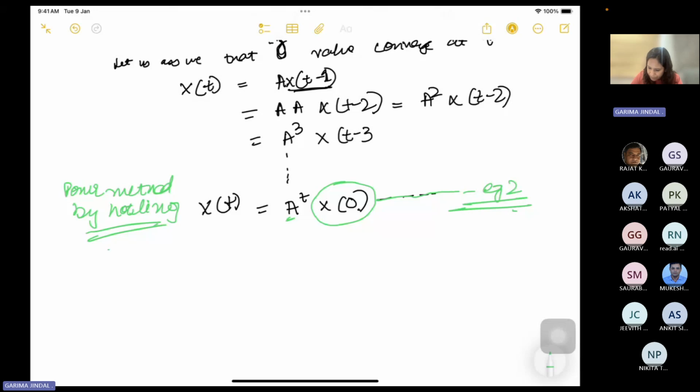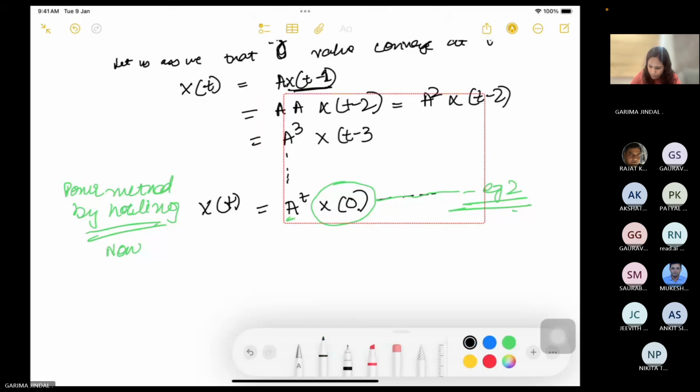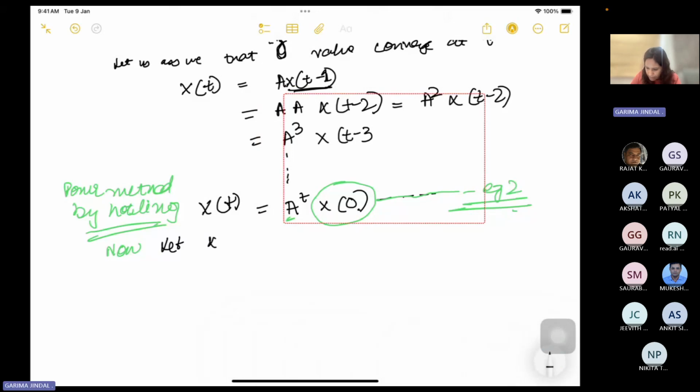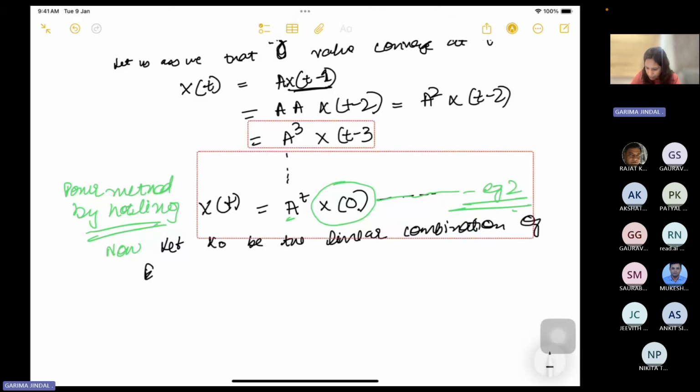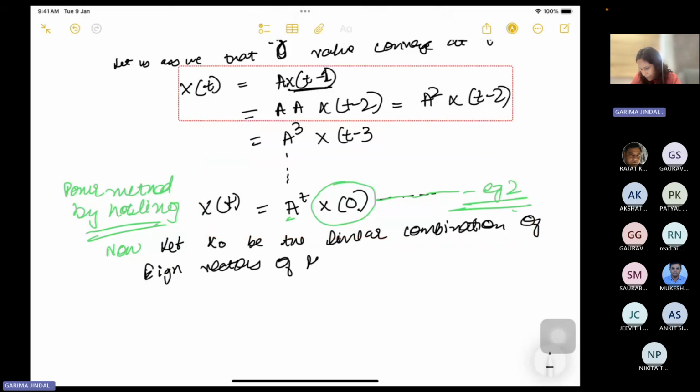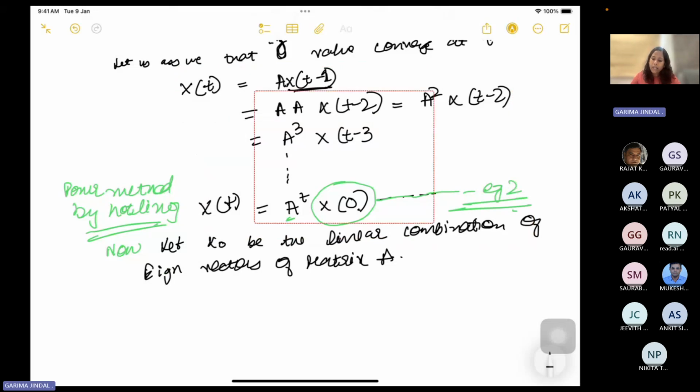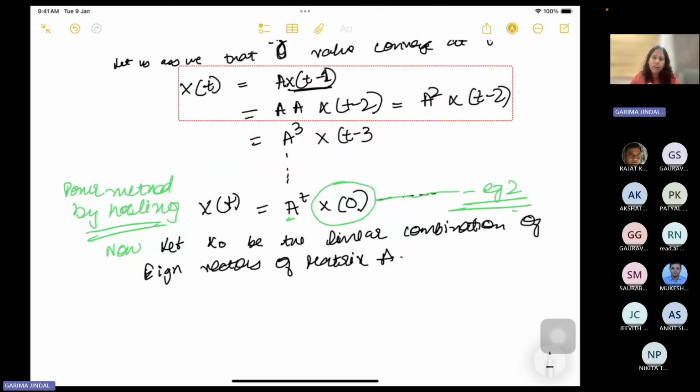So now let x0 be the linear combination of eigenvectors of matrix A. I would suggest that you brush up your linear algebra for this course as well.